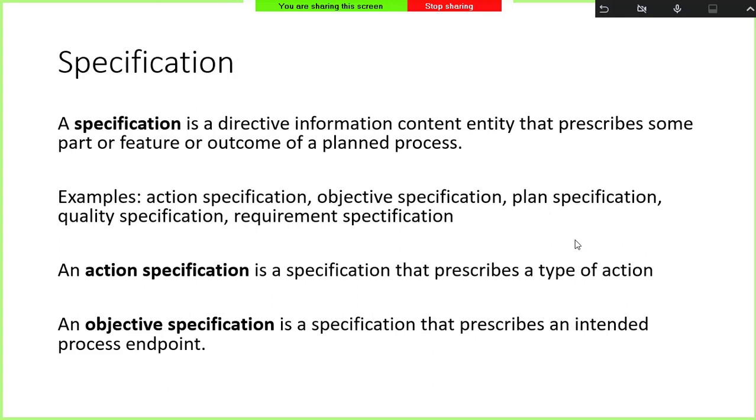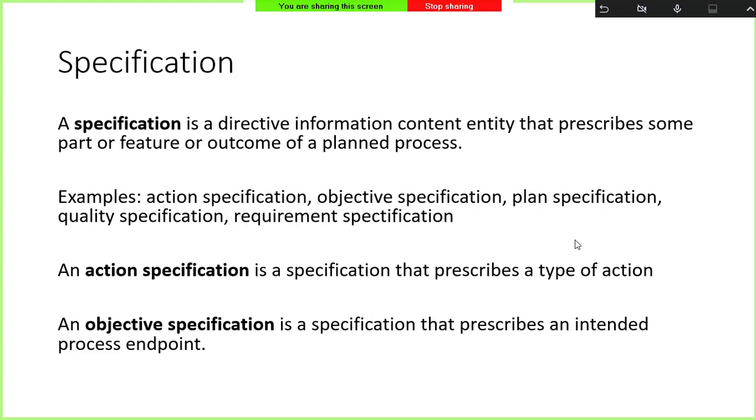All right, so a specification, that's a directive information content entity, which comes from IAO. And what a specification prescribes can be anything, really. So the directive information content entity has been used a lot in various ontologies developed for the intelligence community.